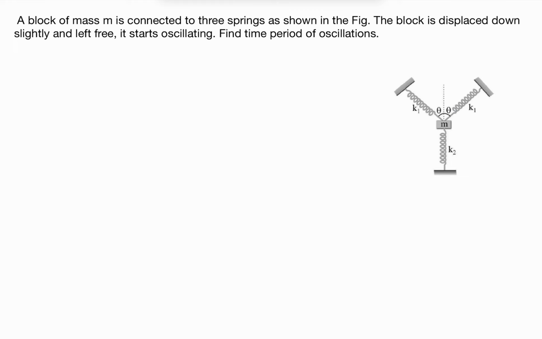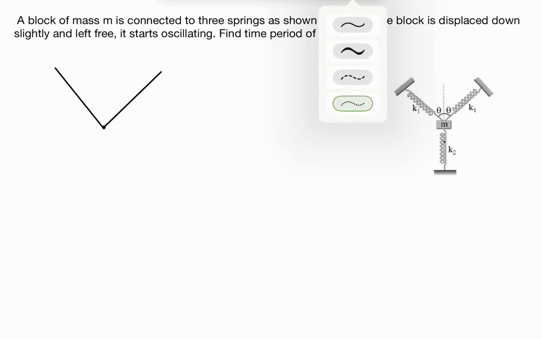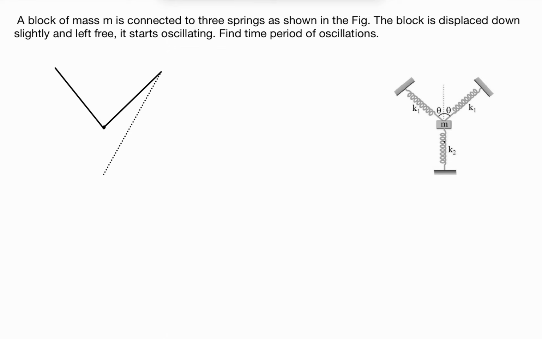So be careful here. When I displace this block slightly down, to understand clearly, I'll draw the equivalent straight line. Take this line as K1, this line as another K1, and the block is somewhere here. Now there is an extension, so let me draw the extension due to the downward displacement. K1 is slightly extended down, and the other K1 is slightly extended down.